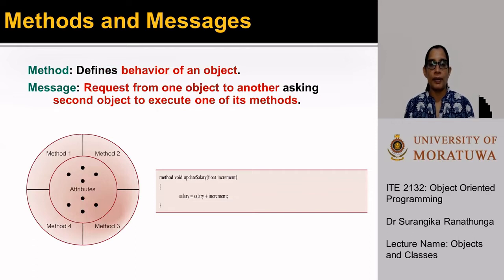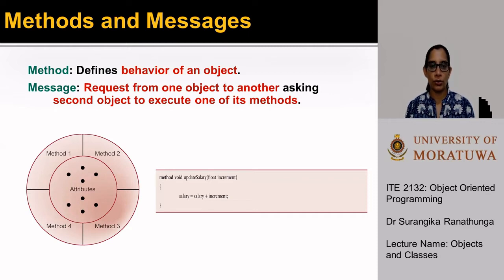And the methods: we said an object has a set of behaviors. In object-oriented programming, this behavior is described using a set of methods. A method can be taken as a message that sends a request from one object to another, asking the second object to execute one of its methods.